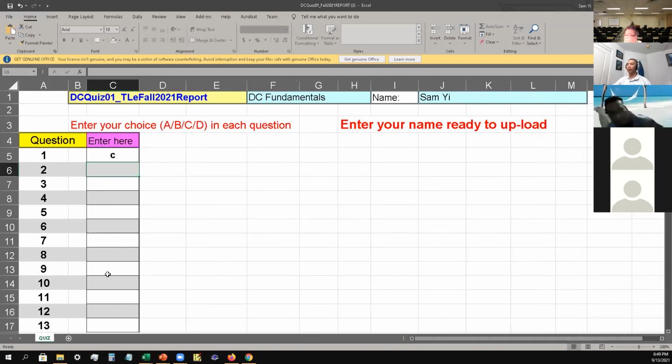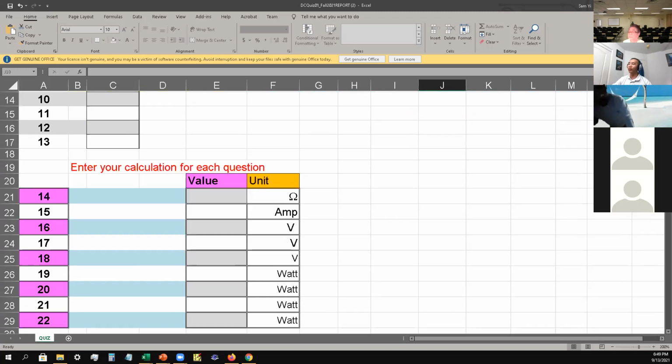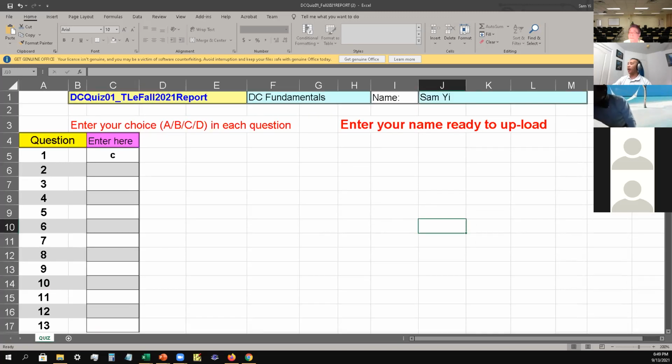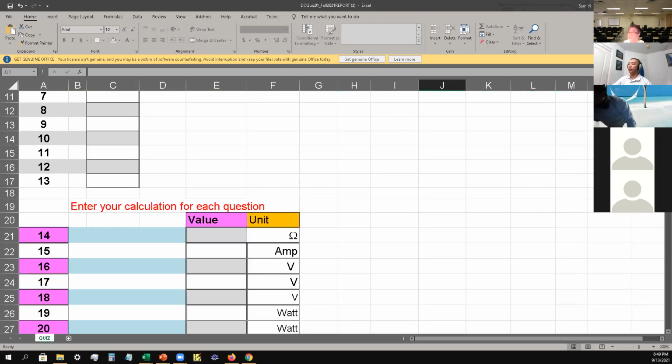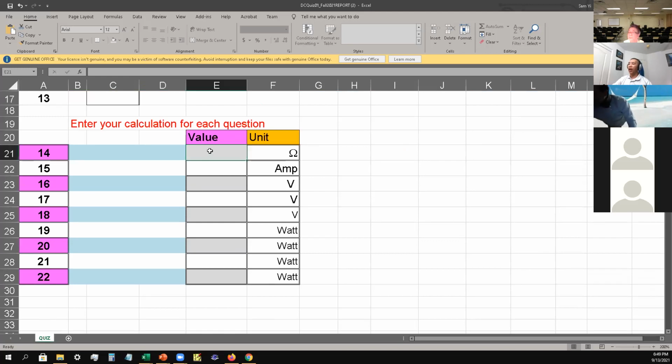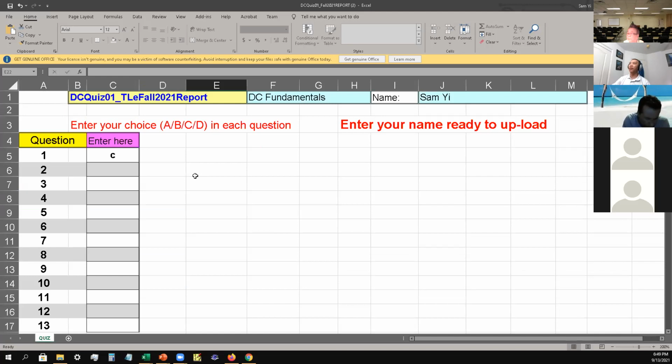Answer as many as you can; if you're not sure, you can leave blanks. For the values, if it's 15 ohms, type 15 ohms and press enter. Then save this file onto your computer, enter your name, and upload it to the website later.